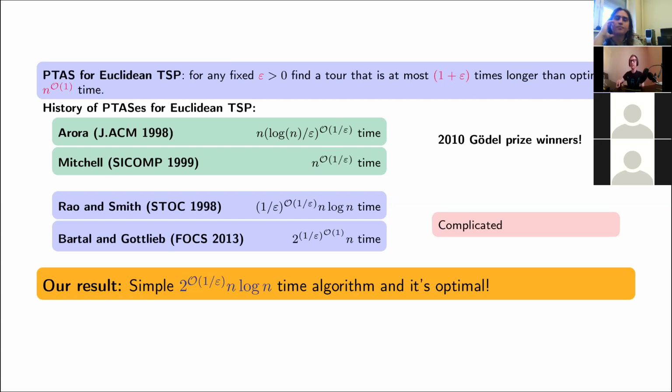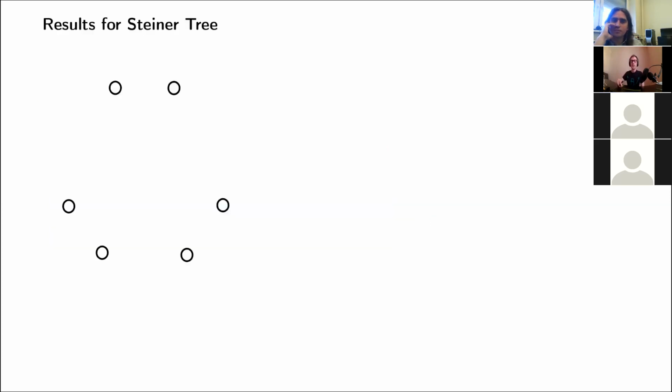We also have a couple of results for Steiner tree. In the Steiner tree problem, you are given a set of points, and the task is to connect them using Steiner points. So the optimum solution to the Steiner problem for this instance may look, for example, like this.